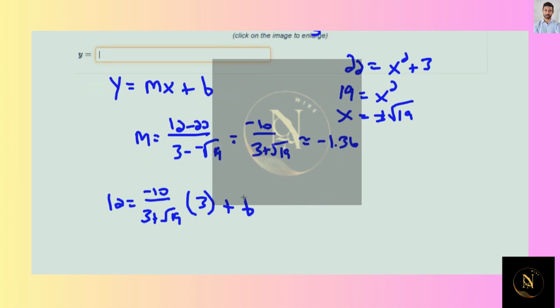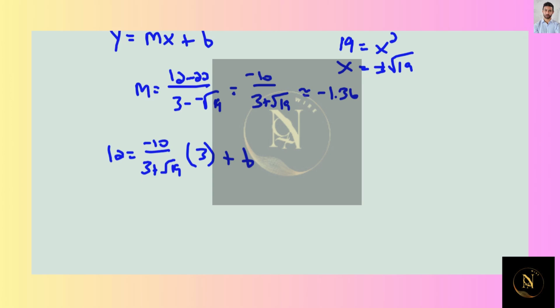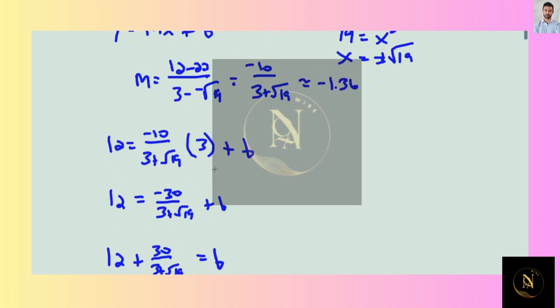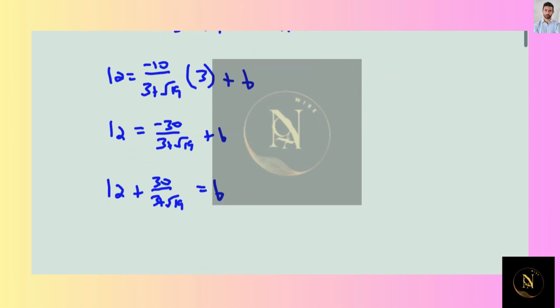We can solve for b, which would be 12 equals negative 30 over 3 plus square root 19, plus b. And so we would have to add that term to both sides. So it'd be 12 plus 30 over 3 plus square root 19 equals b. Not pretty.